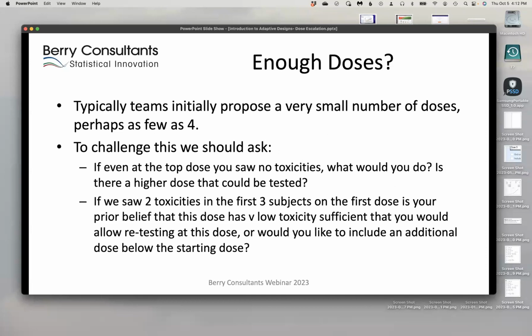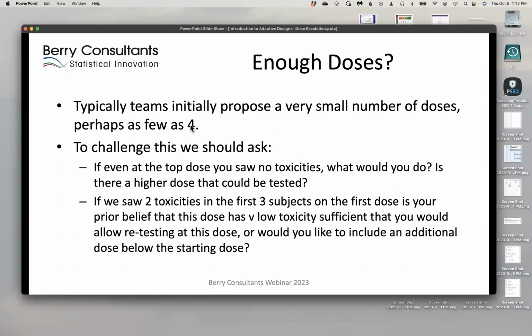And basically, they've got 2 choices. They can be so confident that they don't want to go higher that they would say, well, that's it, we'll accept the top dose as the target, or they might say, oh, well, we'll want to go higher. And so we've extended our dose range now from 4 to 5 by adding a higher dose.